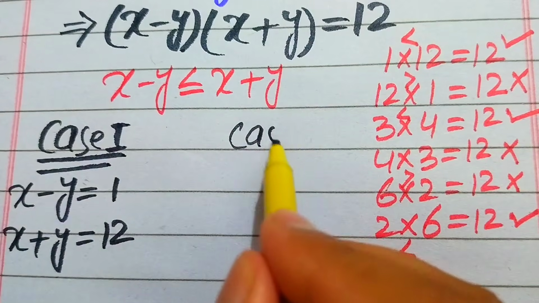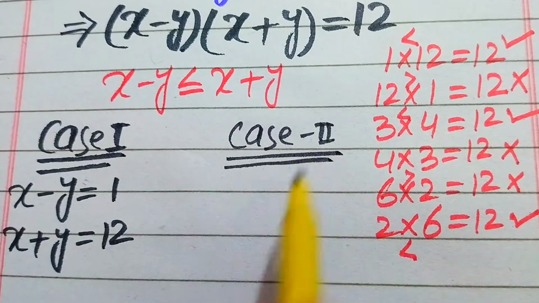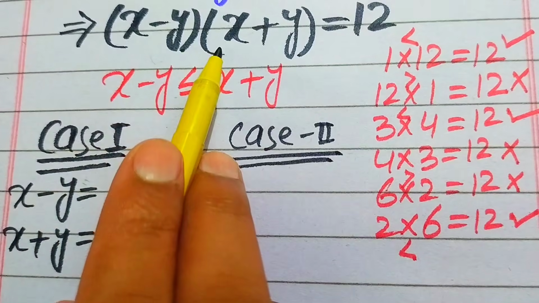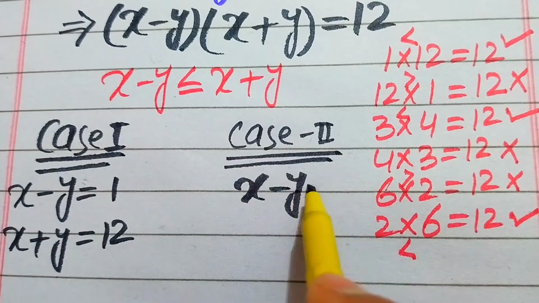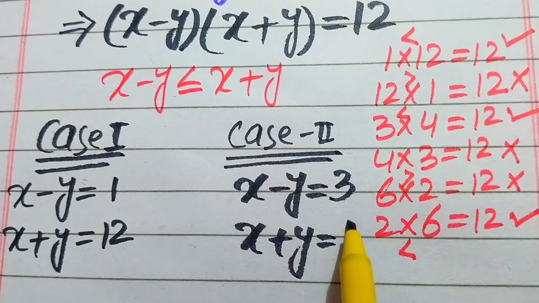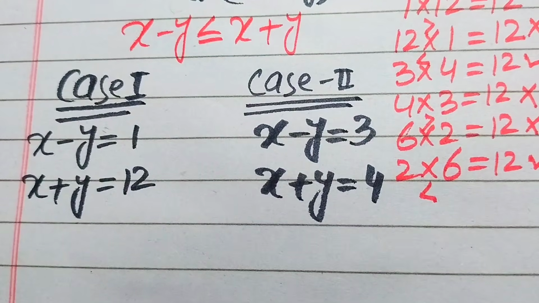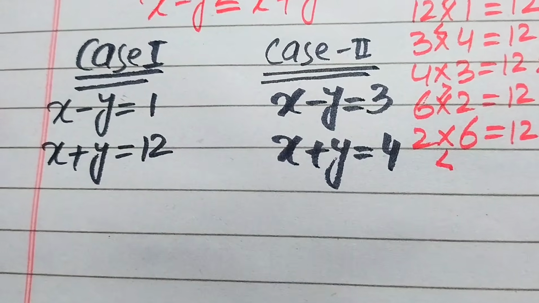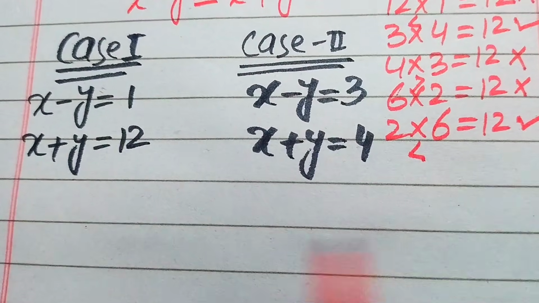And here we write our case number 2, or second case. In the second case we compare x minus y and x plus y with 3 and 4, and we write it as x minus y is equal to 3 and x plus y is equal to 4. So first we solve both of these two cases, and we get the values of x and y, and then we move towards this third case.